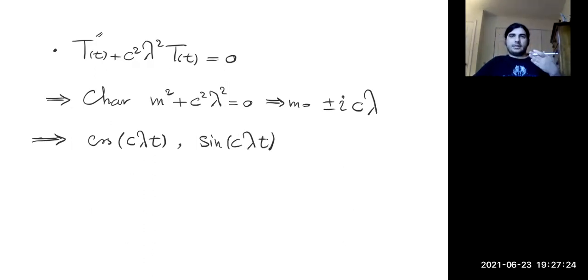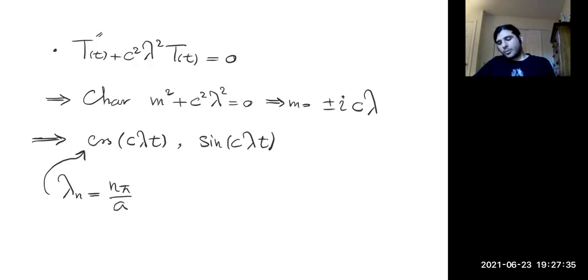However, as we did in the previous part, there is not just one lambda, we have a sequence of lambda n equal to n pi over a. So for each lambda n, we get one of these, with c lambda n t, and the solution would be a linear combination of these things.